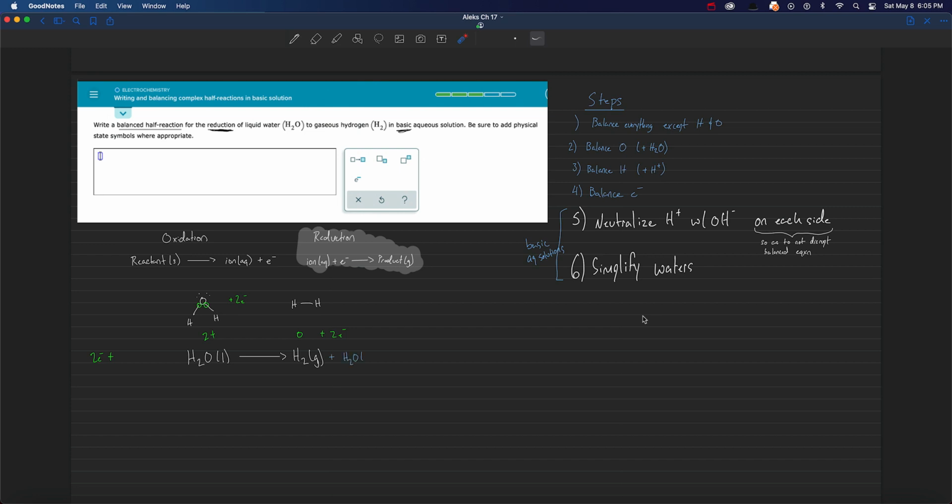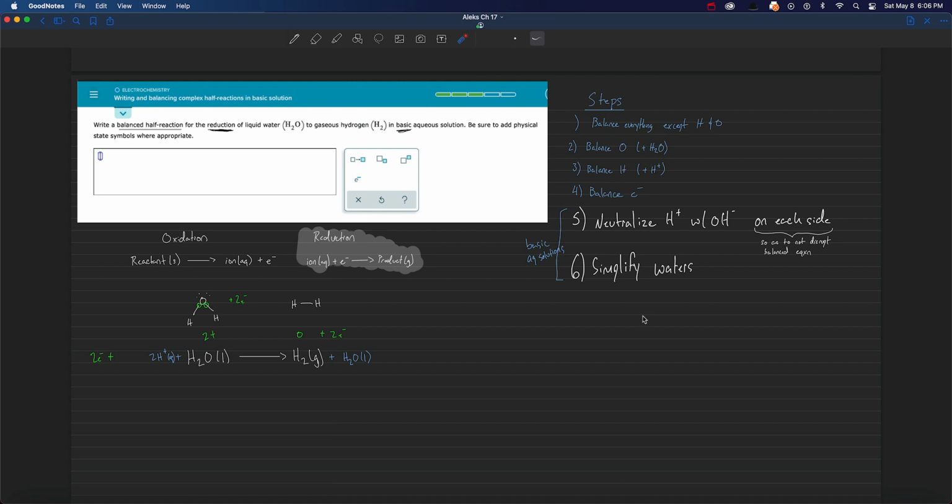Okay, cool. Now we have to balance out our hydrogens by adding hydronium. So here we have 4 hydroniums, or 4 and 2. So we have to add 2 more, not hydronium, sorry, hydrogen ions.